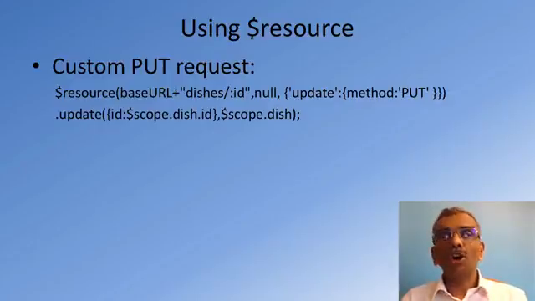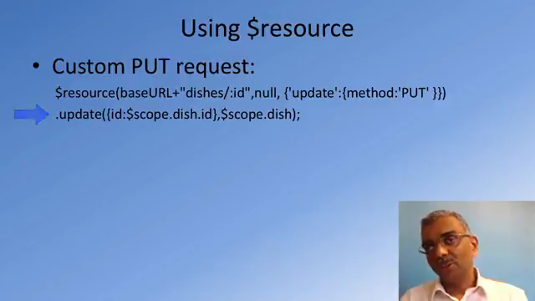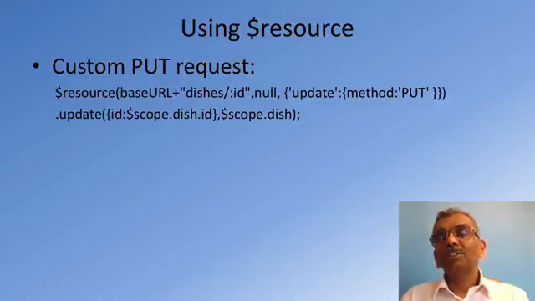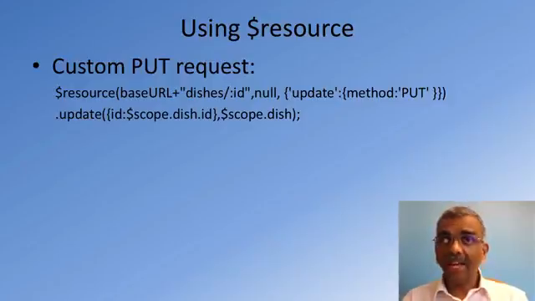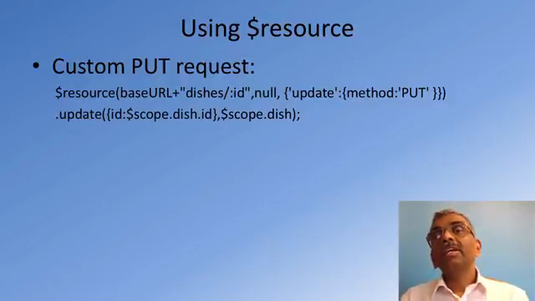So if I call resource.update, it is going to use the put method to perform the operation on the server. The update could be a method that I can make use of to send an update to an existing object to the server. Indeed, in the example later, we will see the use of the update method for updating an object on the server.